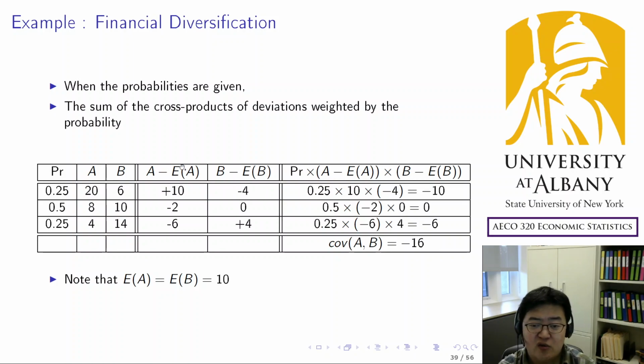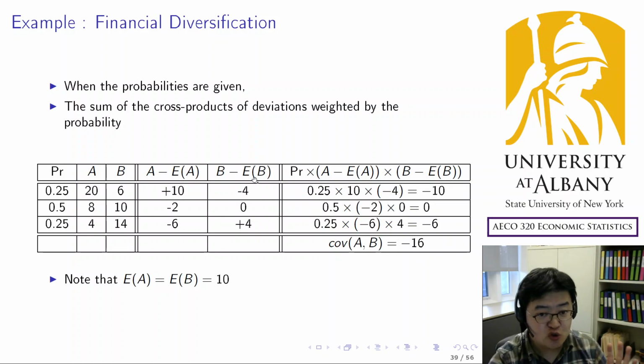After calculating the deviations, we multiply them. But when you multiply those cross products, you also have to weight them by the probability before you sum.